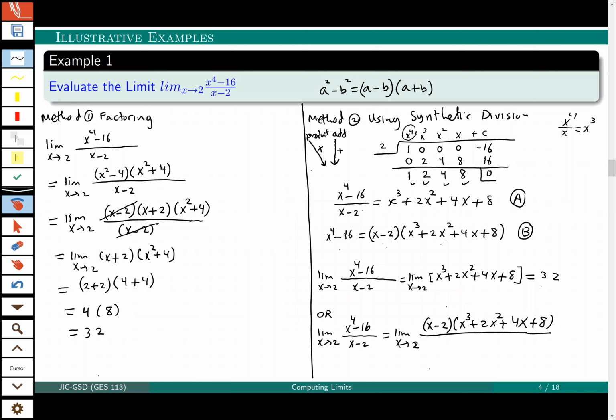So the divisor times the result of the division, which is the quotient, and that's as it is, will cancel out. Again, you will get that is equal to 32. So it's actually different forms of the same thing.